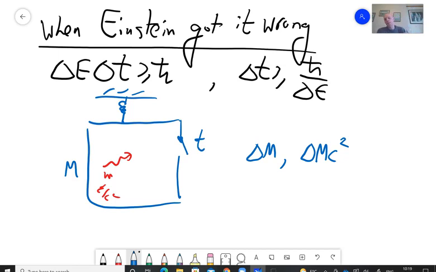Einstein accepts that any measurement has some limitation to its accuracy. However, what Einstein says is I can control the time, the duration of the experiment, to an arbitrary accuracy. So t can be arbitrarily small, and what Einstein claimed is that this t can be less than h bar over delta m c squared.